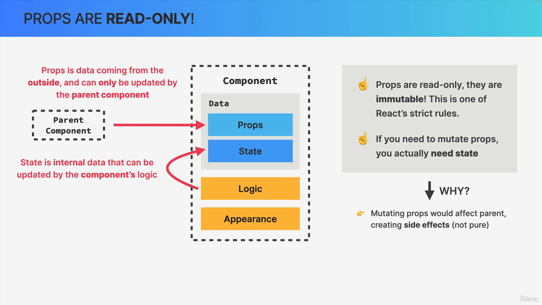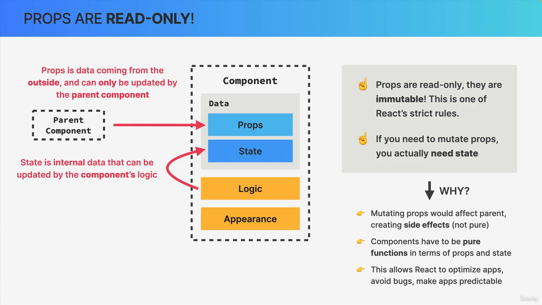So in general, a side effect happens whenever you change some data that's located outside of the current function. React, however, is all about pure functions, so functions without side effects, at least when it's about a component's data. So components have to be pure in terms of their props and state, because this allows React to optimize your application and it avoids some strange bugs that can appear when you manipulate external data.